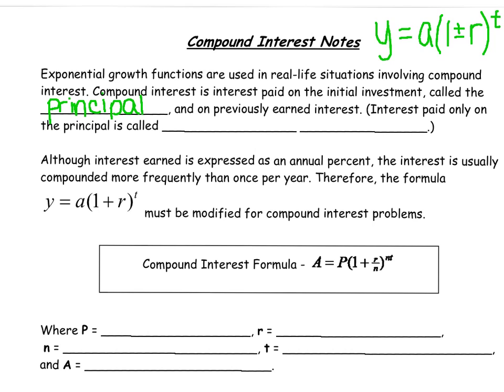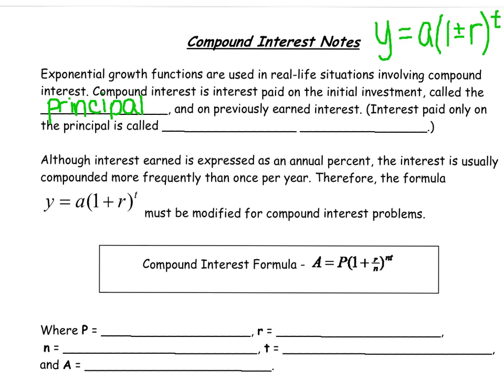So basically what this is saying is that I put money into an account, that first set of money that I put in, that is my principal amount. That's my initial investment. And then I'm going to get paid an interest, each time period, whatever it may be.